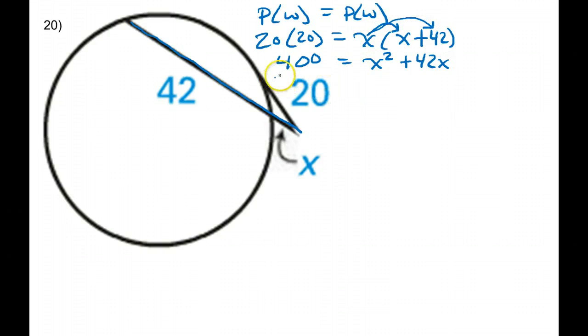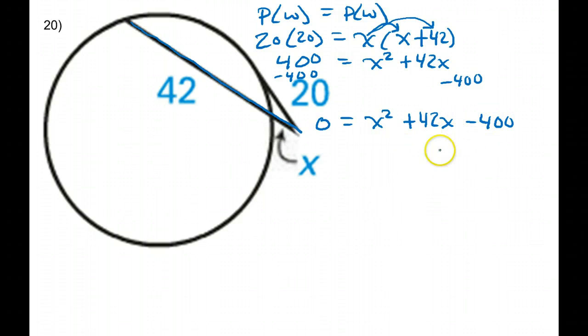All right, again, we need to get everything on one side and use the quadratic formula. So this is going to give us 0 equals x squared plus 42x minus 400. And I would use the quadratic formula where a is equal to 1, b is equal to 42, and c is equal to negative 400. A common mistake is to leave off the negative sign.